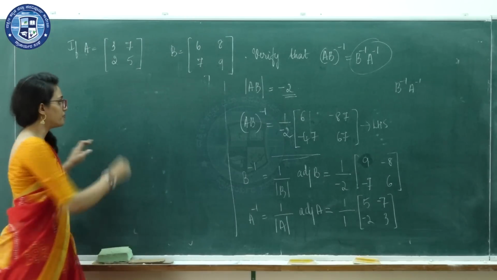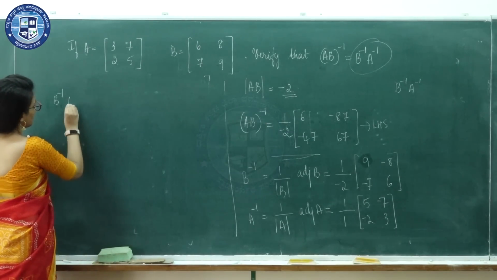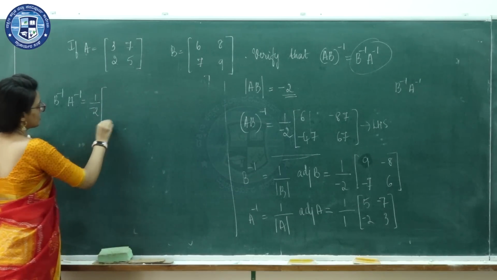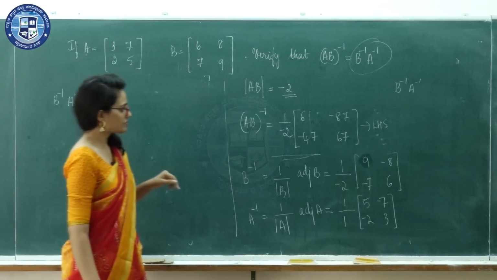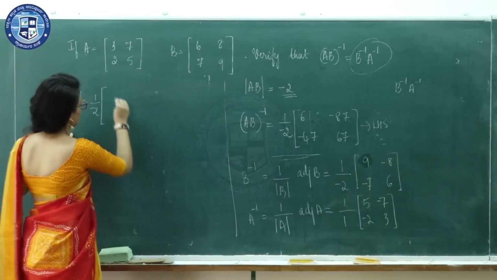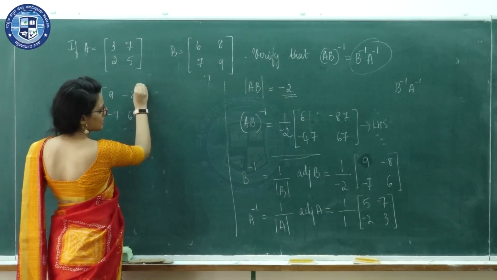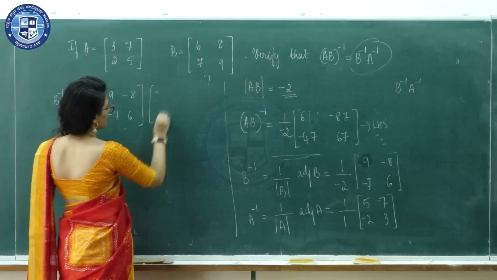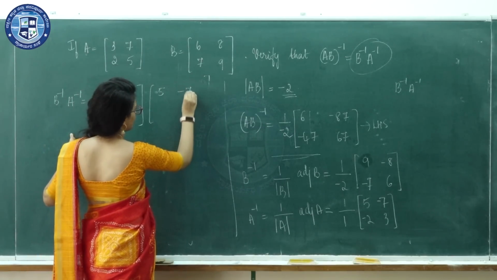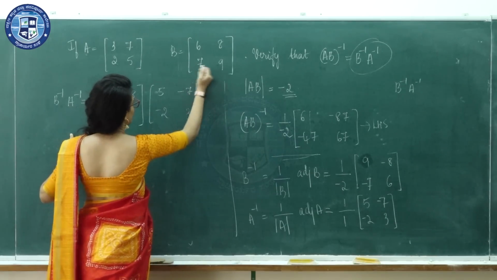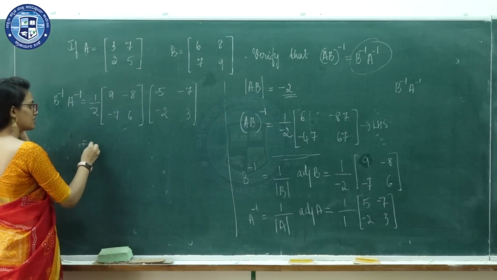Okay. So B inverse into A inverse is equal to 1 by minus 2 into, we have the matrix 9, minus 8, minus 7, 6 into the matrix 5, minus 7, minus 2, 3. Okay. Let us multiply these two matrices.